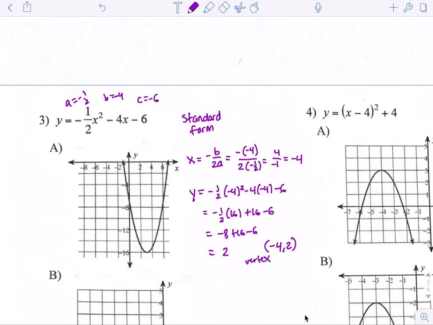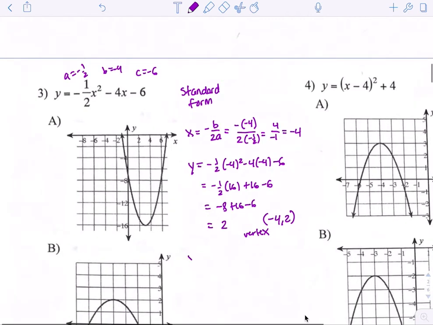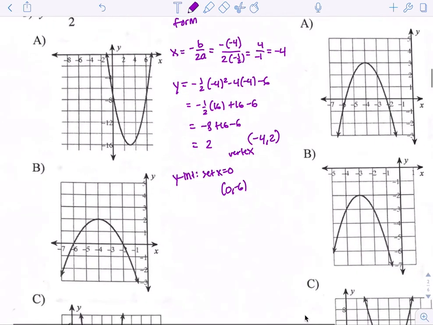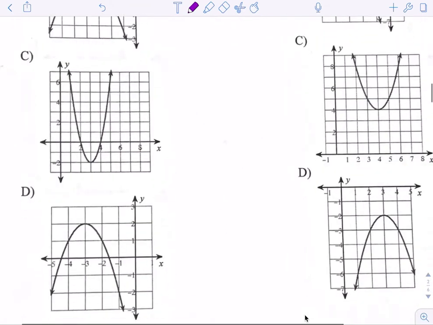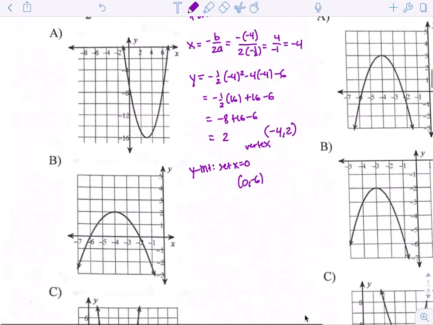Also, your guys' y-intercept is when you guys set x equal to 0. So your guys' y-intercept is just 0, -6. So let's find a graph that has -4, 2 and 0, -6. The only one that has a vertex at -4, 2 is B.